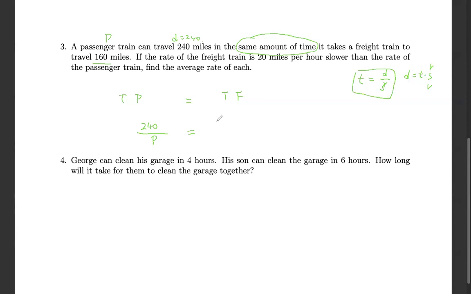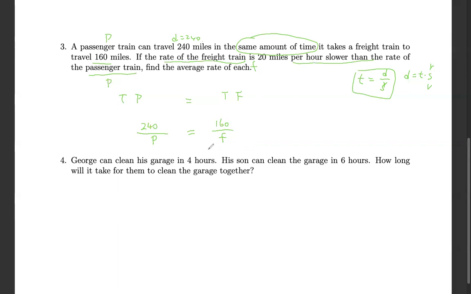And then the freight train only travels 160 miles, and its speed, let's call F. So we have this equation from the first sentence.